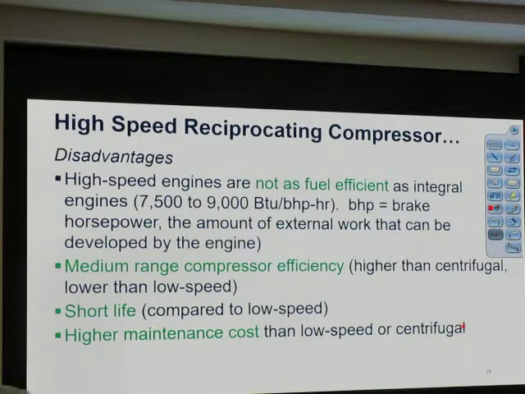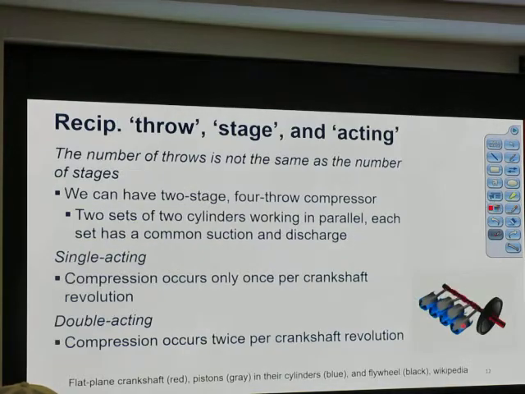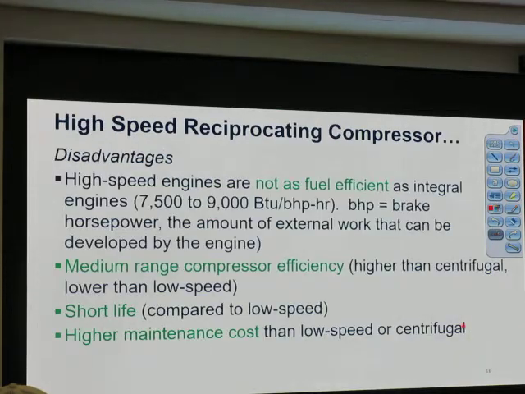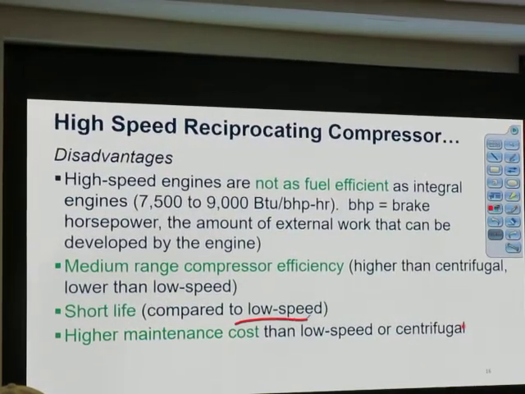The number of horse required to brake the engine, that's the brake horsepower. Measured directly over this part. The power before it loses to anything, the true power from the engine. That's the brake horsepower. It has medium range efficiency, short life, compared to low speed, higher maintenance cost.